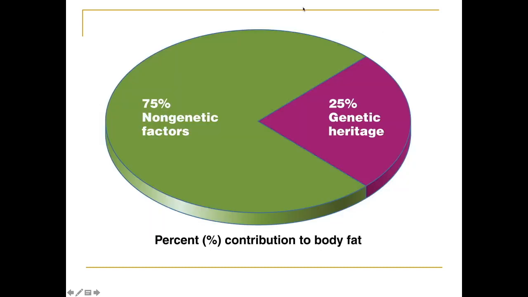And some people may have a genetic predisposition to gaining or losing weight, but that really only accounts for about 25% of the body fat in your body. Most of people who have high amounts of body fat do not have a genetic factor that affects it.